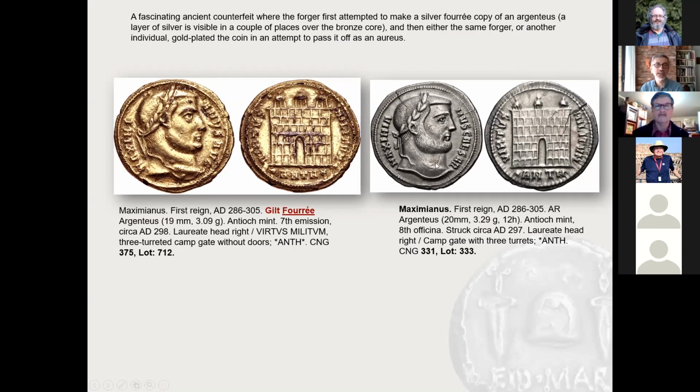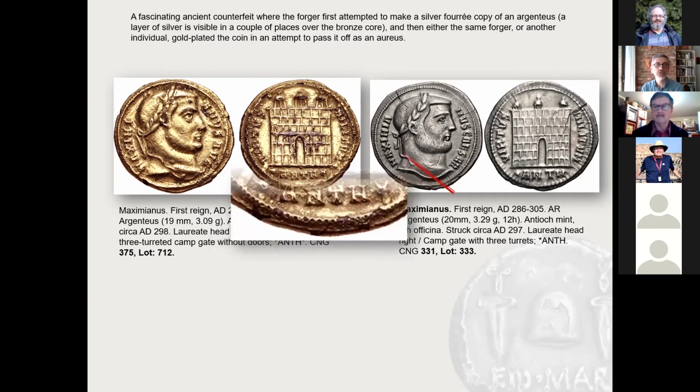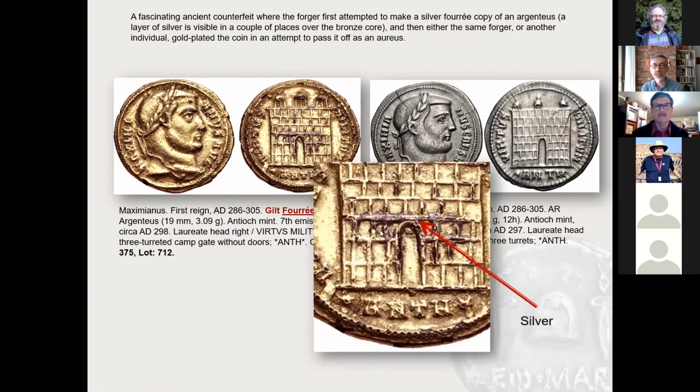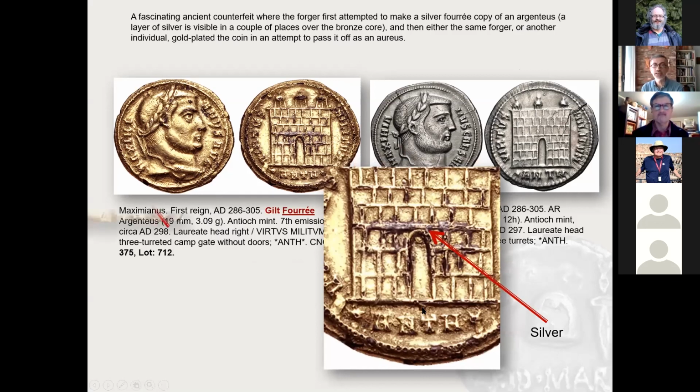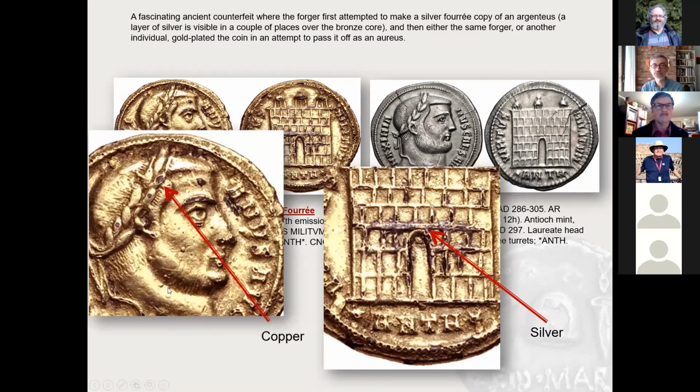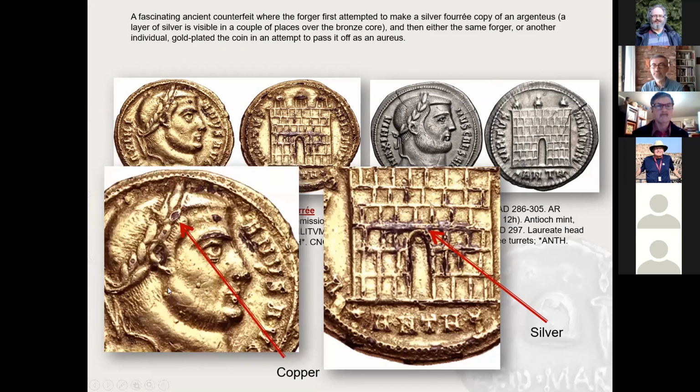Here is the coin in silver, and here is the coin in gold. And if you look at here on the reverse, you can see the silvering underneath. However, if you look at here, you can see the bronze core. I mean, these people were really talented.